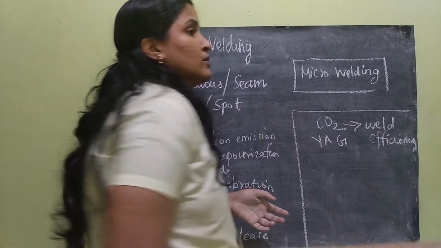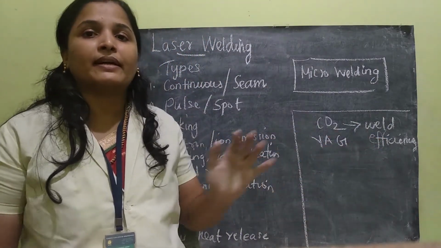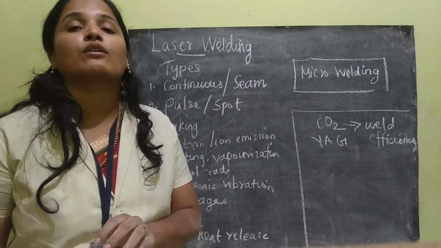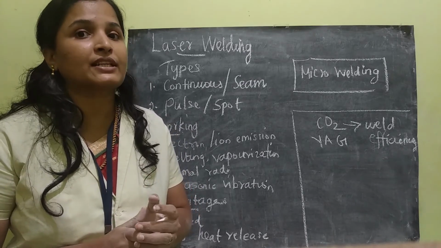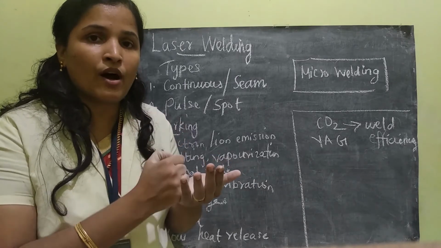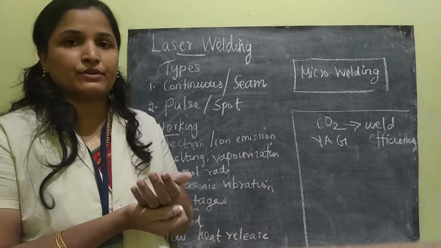Because of this weld efficiency, even thick materials can be used for this welding process. First of all, what is weld efficiency? Weld efficiency is the ratio of the energy absorbed to the total energy or power received.